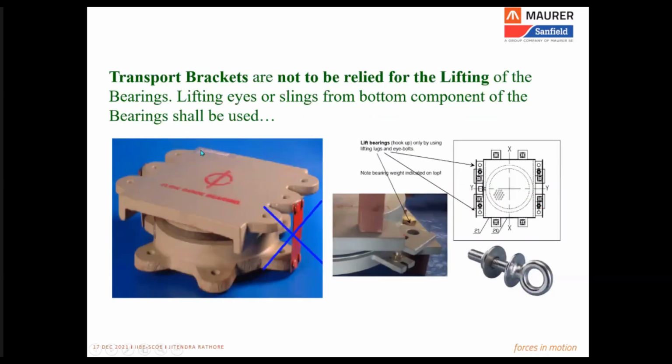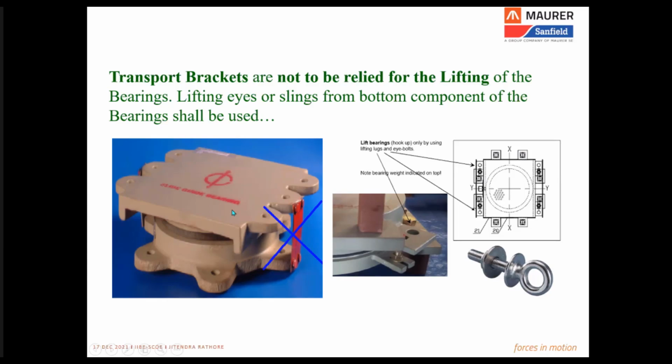So discussing the important and vital points in a little bit detail, transport brackets are not to be relied on for the lifting. Whenever you see a bearing, you will see certain components marked with a distinguished color. These are the transportation locks, which are just meant to keep the entire bearing intact only for the duration of transportation and installation.